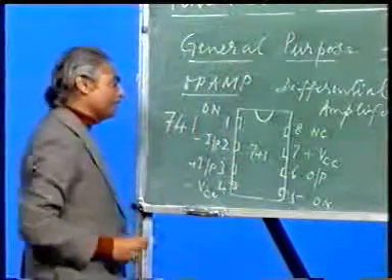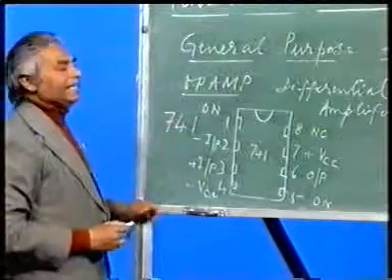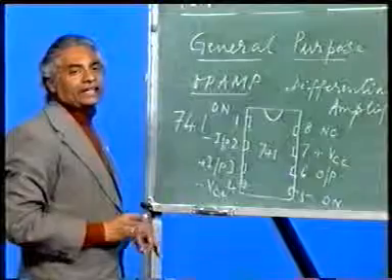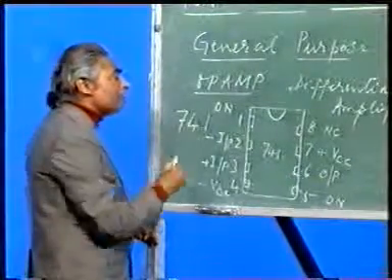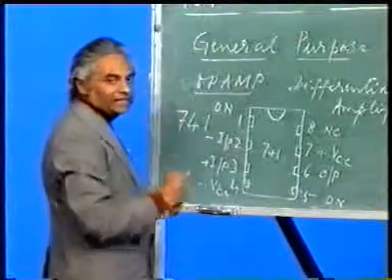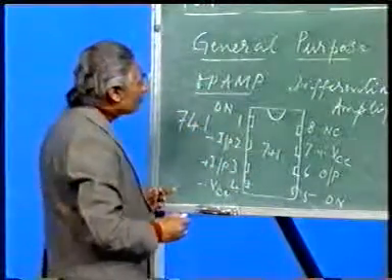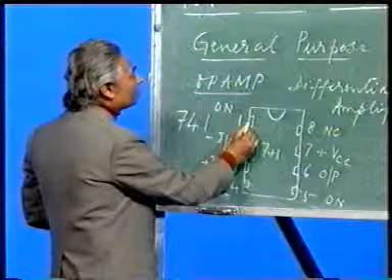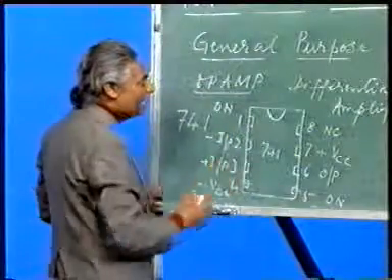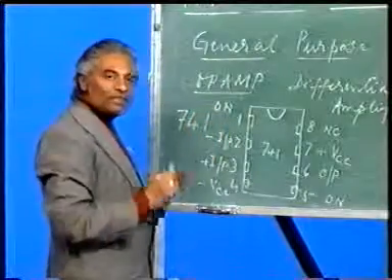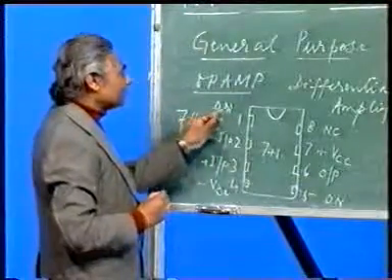Now what is offset null? Before we use this IC in a circuit, there may be some noise or level difference in the circuit itself, and in that case we have to balance the circuit. For that balancing we put a potentiometer between 1 and 5 and set the value such that the inputs and outputs are all balanced. That is known as offset null.